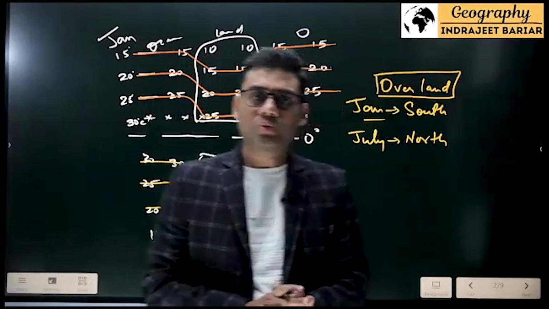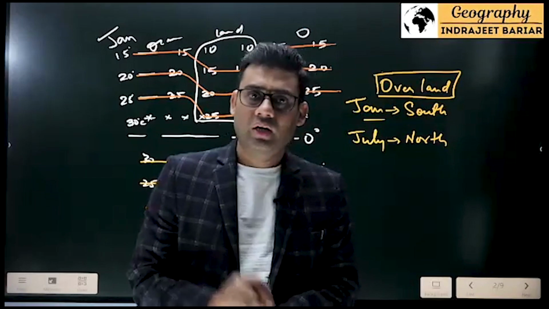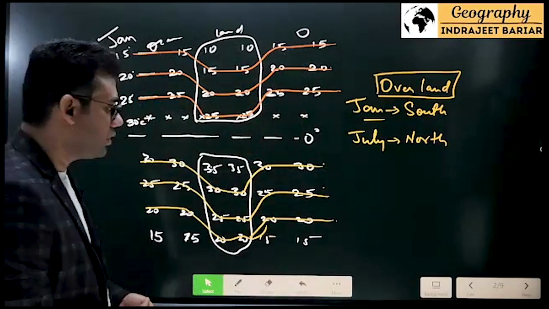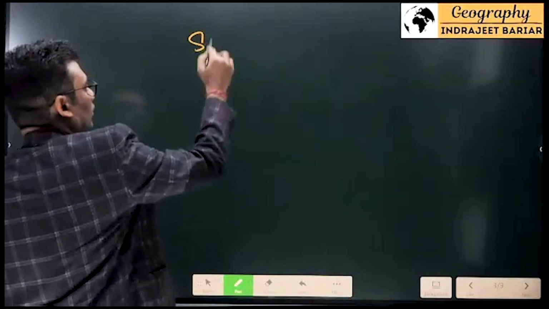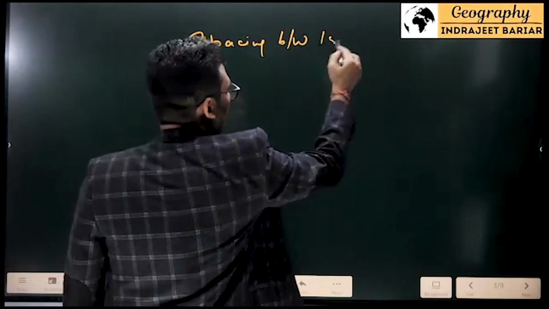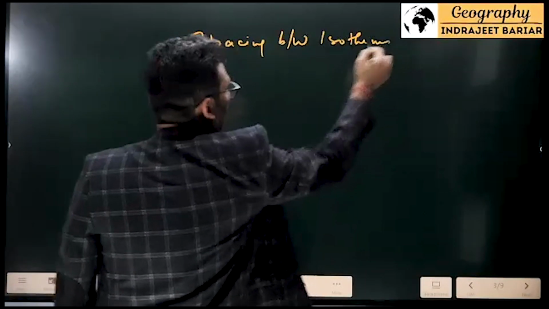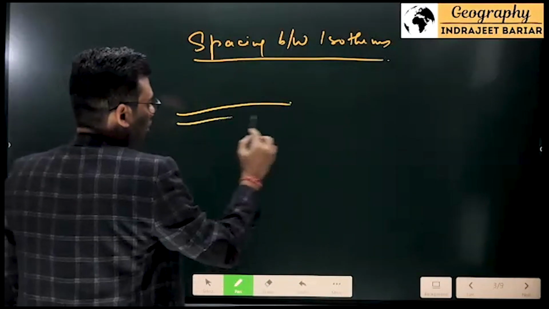So now after this property of isotherms, that is the deviation of the isotherms, let's talk about the next property, which is the spacing between the isotherms. So spacing between the isotherms, if the isotherms are drawn close to each other.